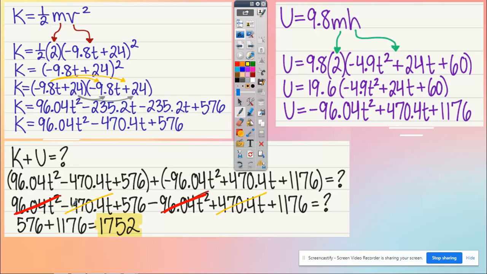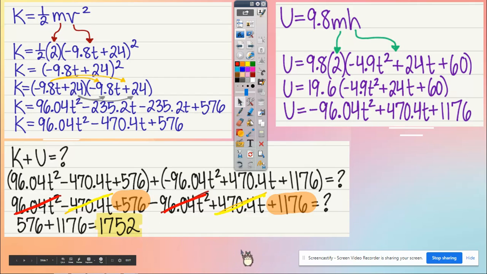Then we have negative 470.4 t, also can combine like terms with the positive version of itself. It would just cancel out. So the only things left are 576 and 1,176, both positive, and they can combine. So when you do add them, you'll get 1,752.